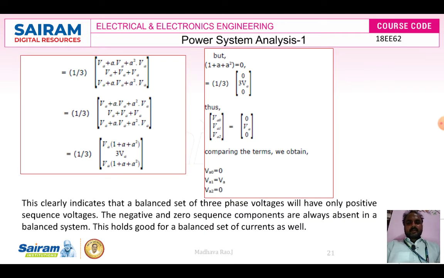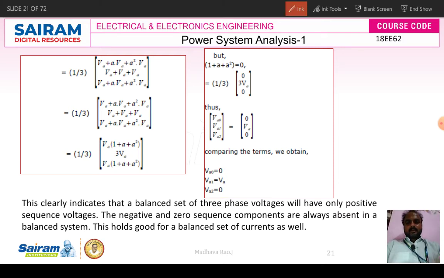So 1 by 3 VA plus A into VA plus A square into VA. Taking VA common, 1 plus A plus A square. Here for VA0, 1 plus 1 plus 1 gives 3 VA.